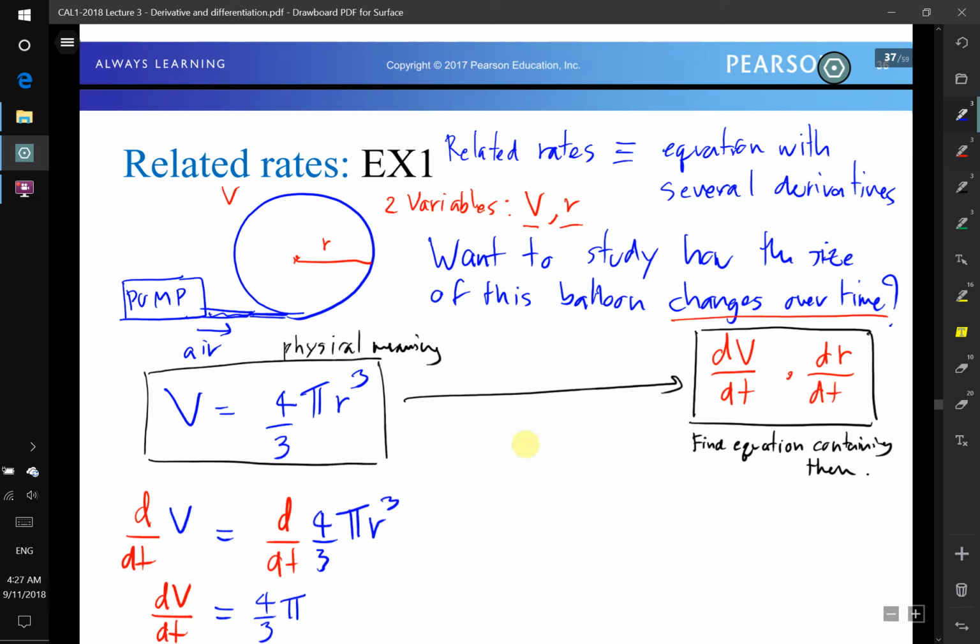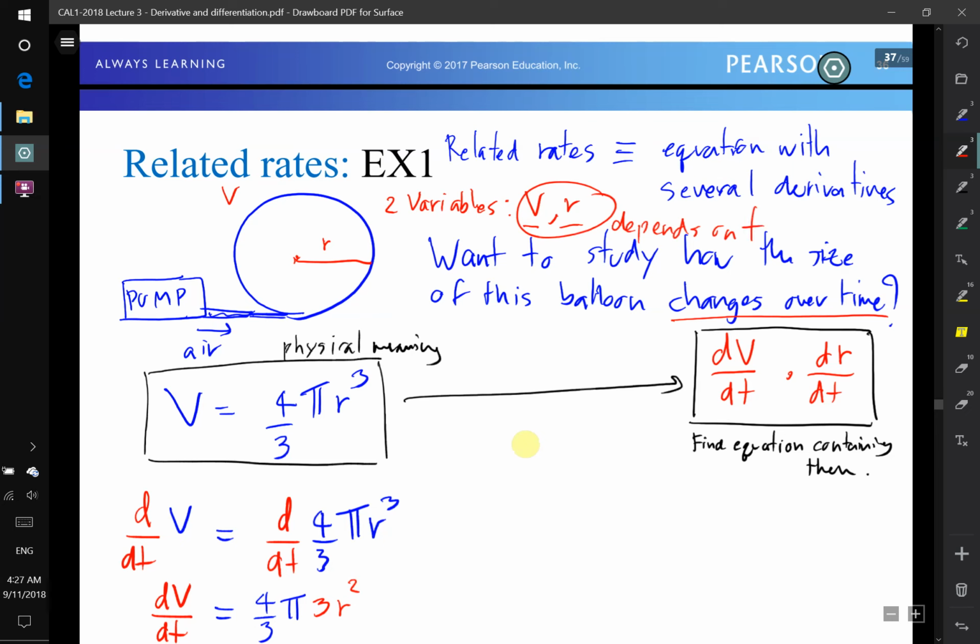For r cubed, I need to apply the power rule. This has the power of 3, so 3 comes down, r stays the same, and the power of r decreases by 1, so I have 2. But then again, I know that r depends on t.